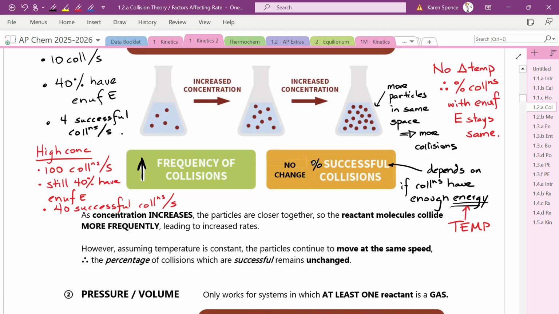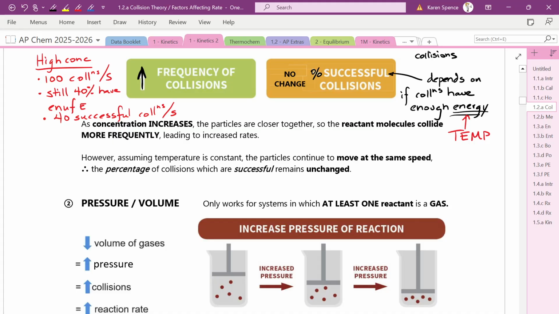All right. Next, we are going to move on to pressure/volume. And this is where you change the pressure by changing the volume. There are other ways of changing pressure.